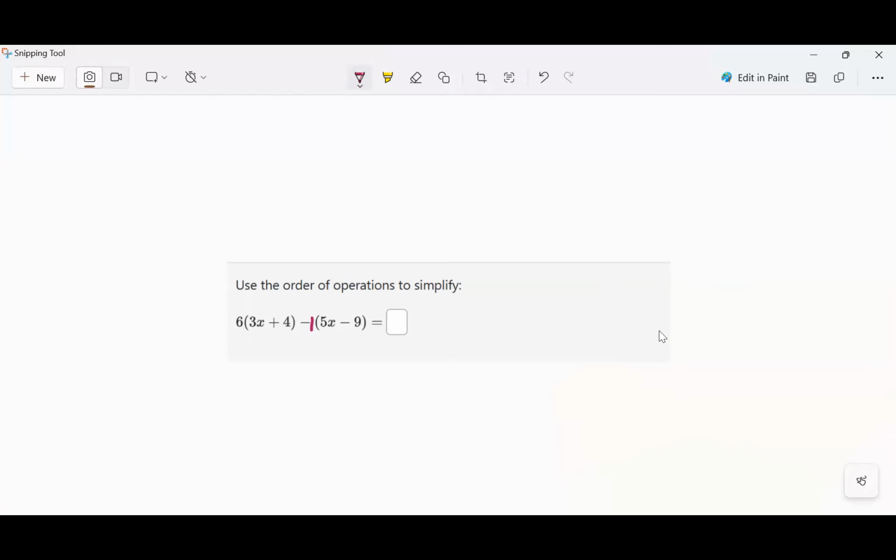Do 6, do -1, and then combine the terms afterwards. I'll actually try really quickly.